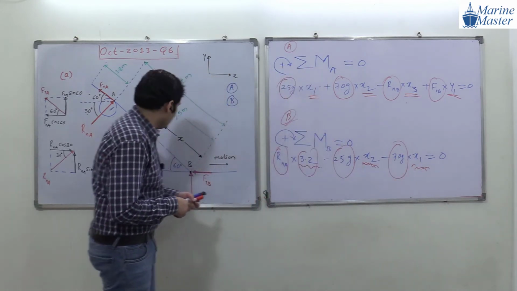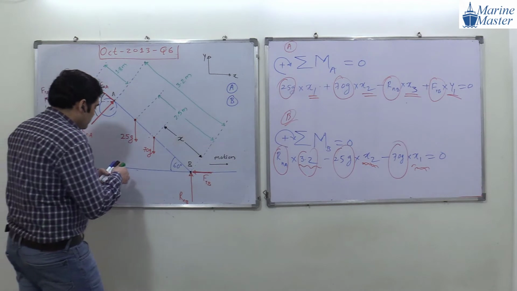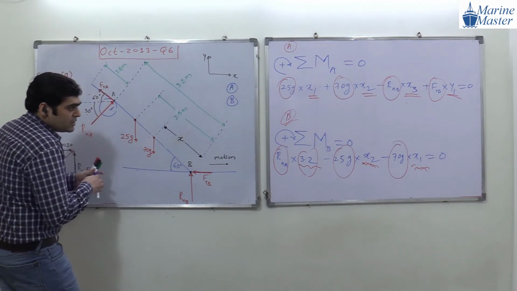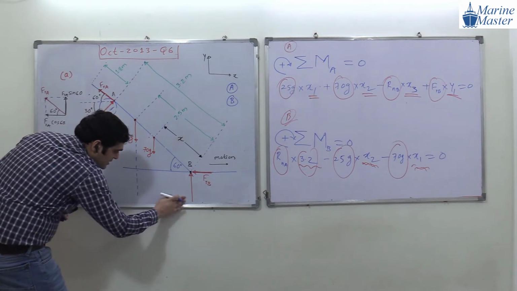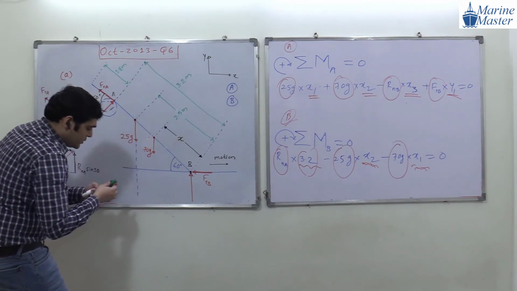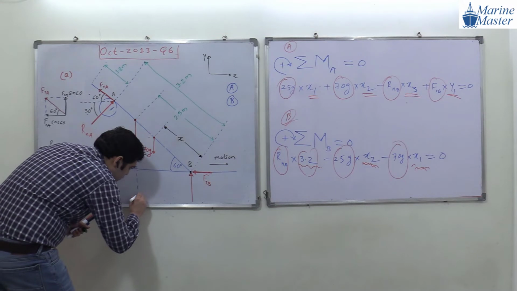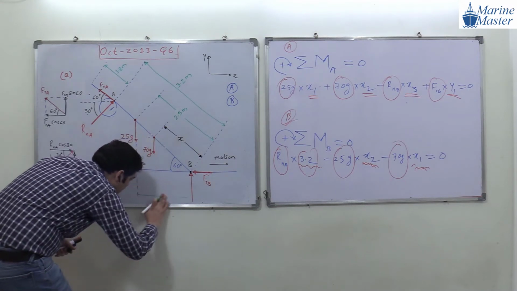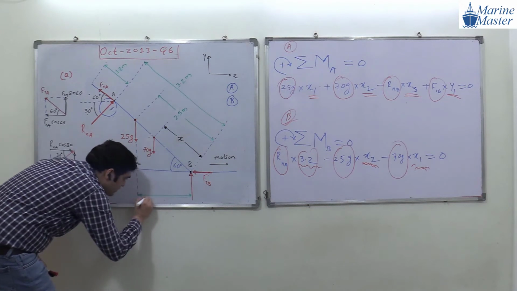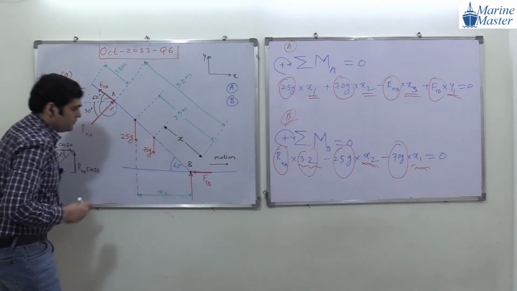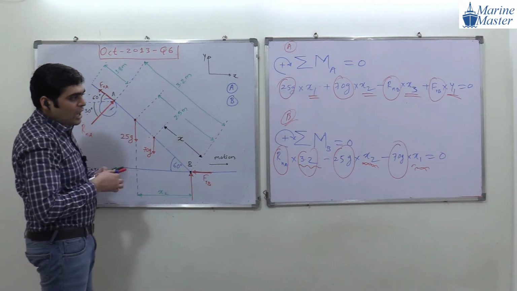And here, for 25g, what distance did we assume? We assumed this distance as x2. So this distance will be x2. Everyone try to see the scenario. And for 70g, how much do we assume?